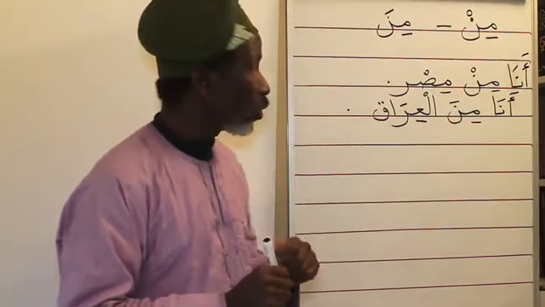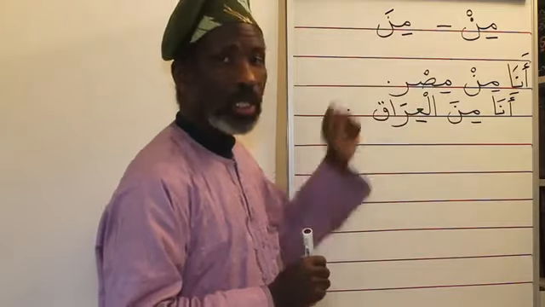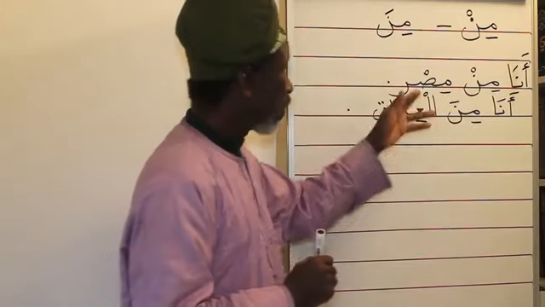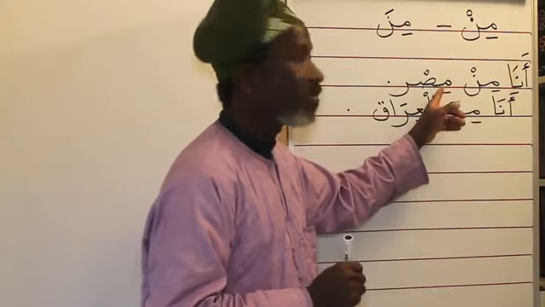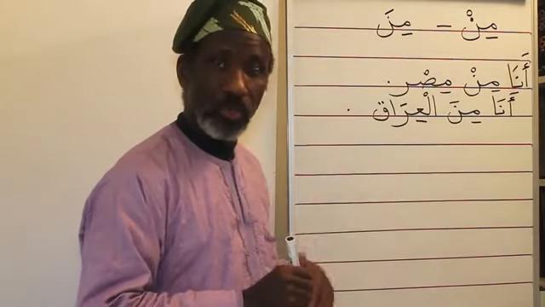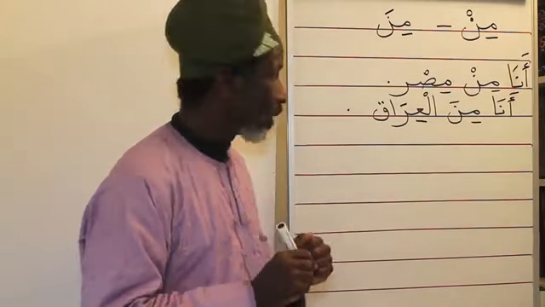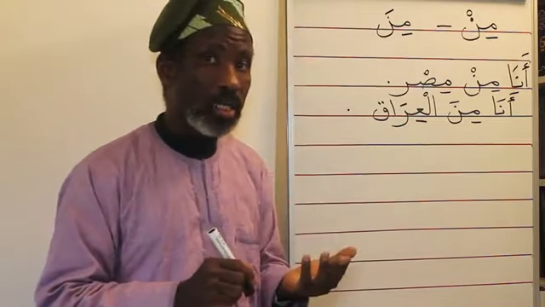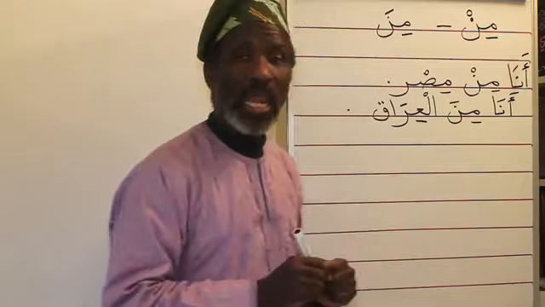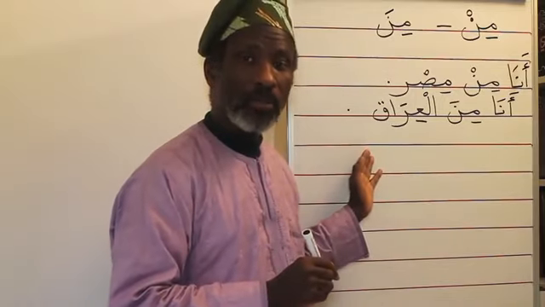Can you see any difference between the two names of this country? Misr, Egypt, doesn't come with al. Egypt is written without al, without the. But Iraq, although in English you say Iraq, in Arabic it comes with al, al-Iraq.